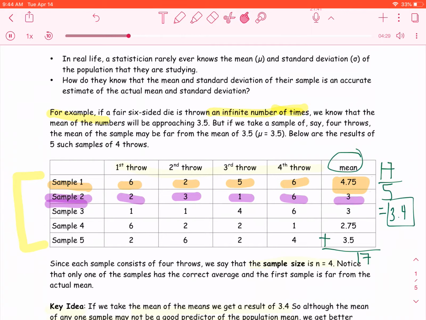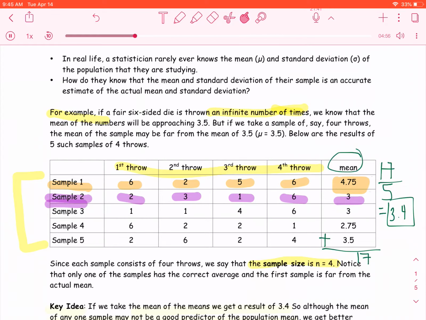This means that the average of the 5 times that you threw that die into the air and calculated the means, the average of those means, was 3.4. Our sample size was consistently 4, because we did 4 throws. Notice that only one of the samples has the correct average, and the first sample is far from the actual mean.